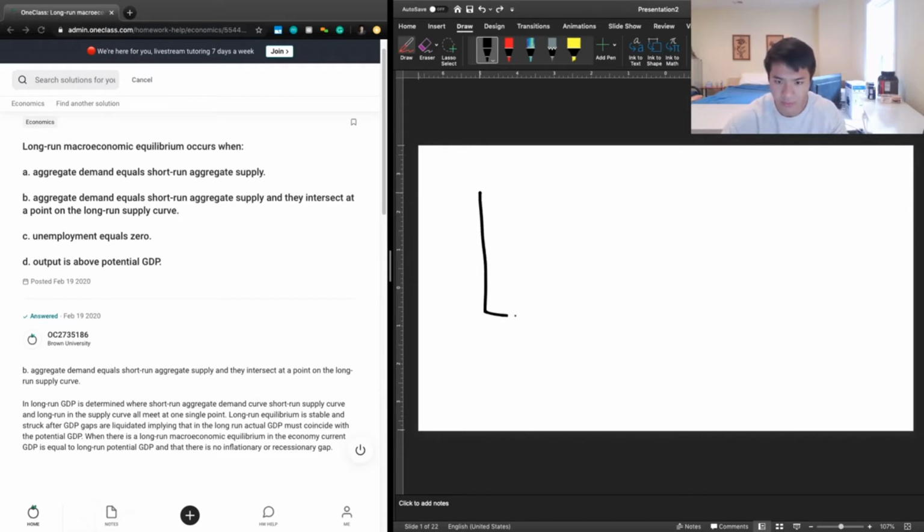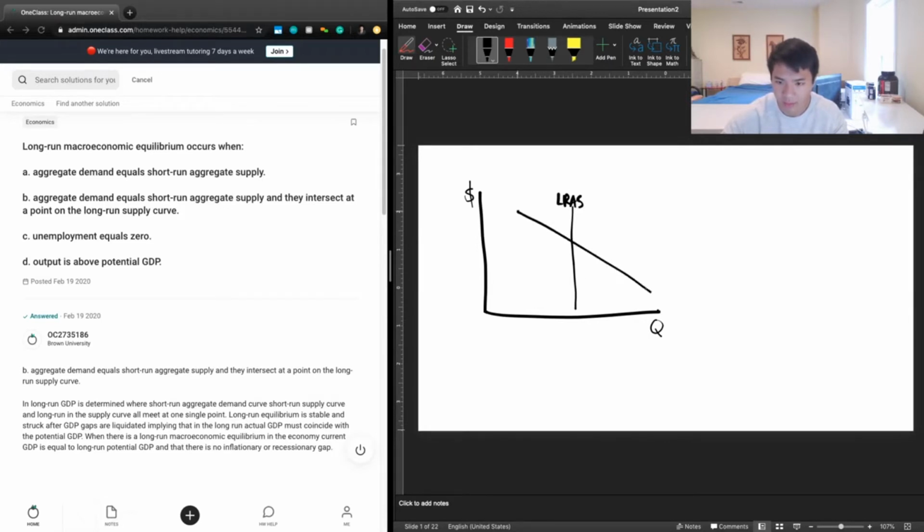So we have price on the y-axis, quantity on the x-axis, and then first let's do a straight line, and this, I'll label at the top, long run aggregate supply.